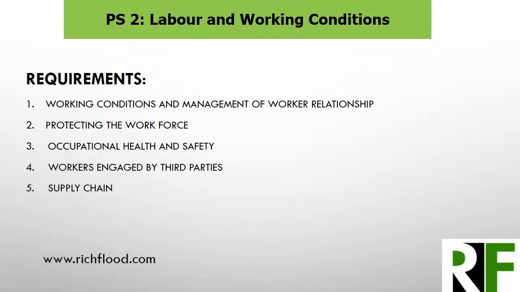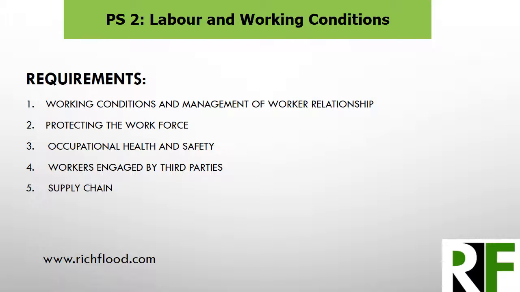Okay. Requirements in brief cover working conditions and management of worker relationship, protecting the workforce, and occupational health and safety issues. For workers engaged by third parties, the requirements are available, and also for the supply chain. So taking number one, working conditions and management of worker relationship: human resources policies and procedures have to be looked into.